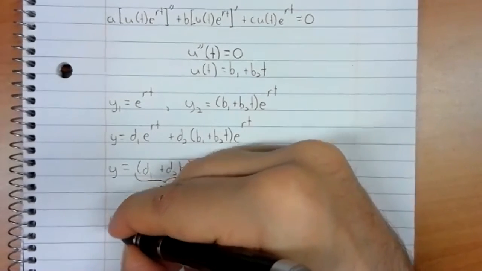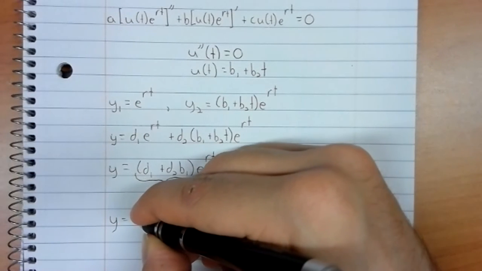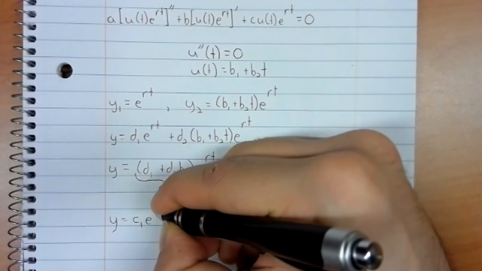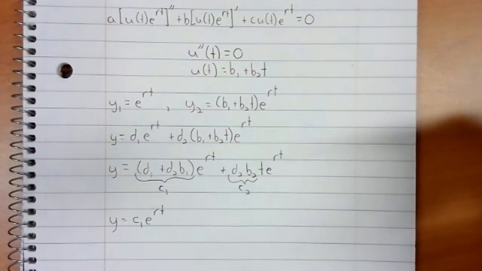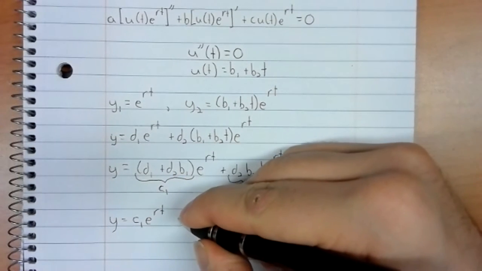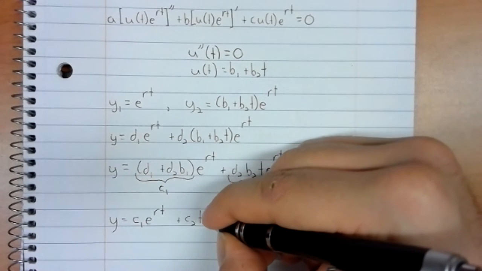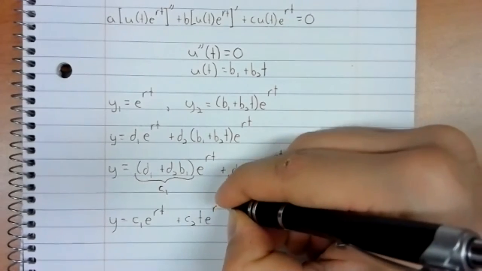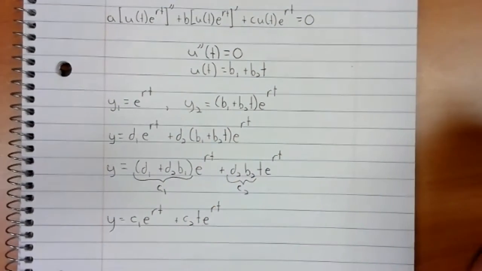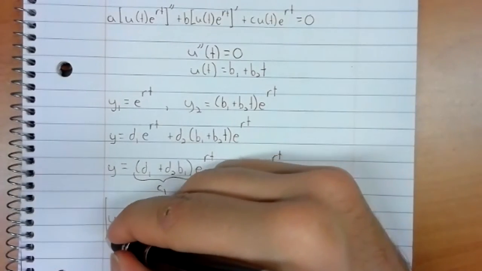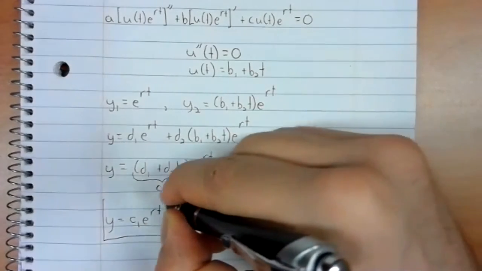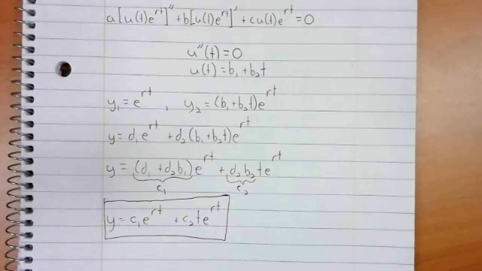And get y = c₁e^(rt) + c₂te^(rt). And there's our general solution if we have only one real root.